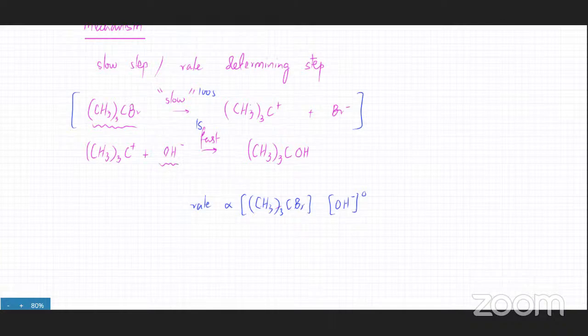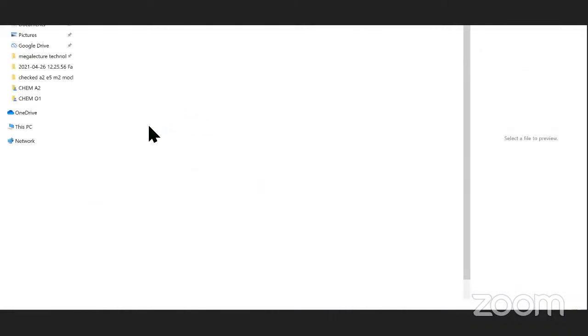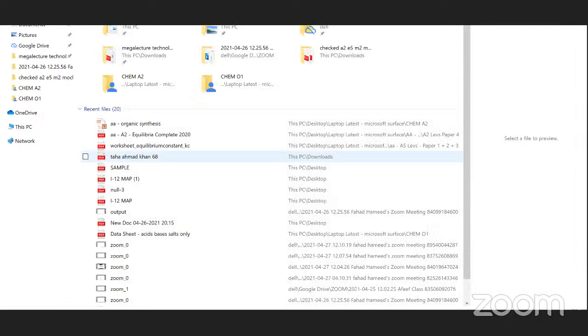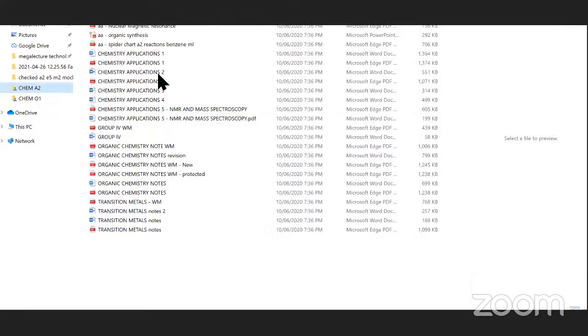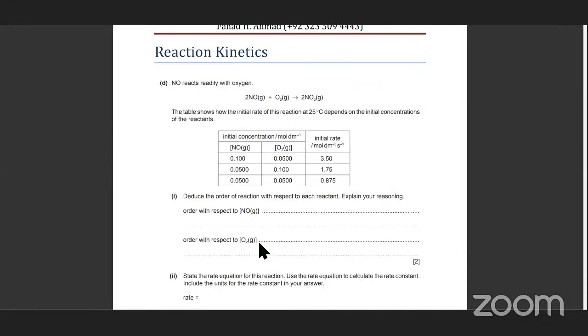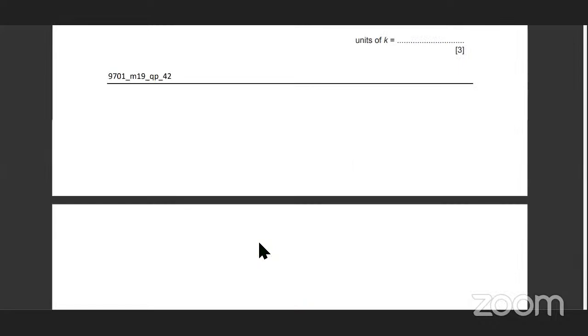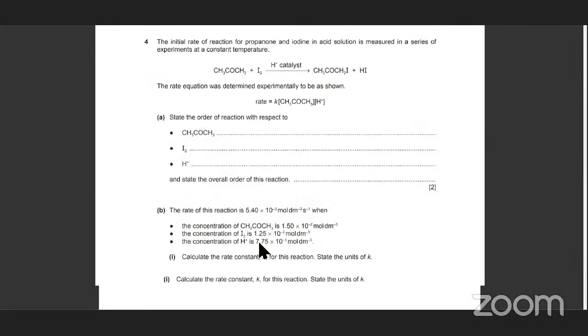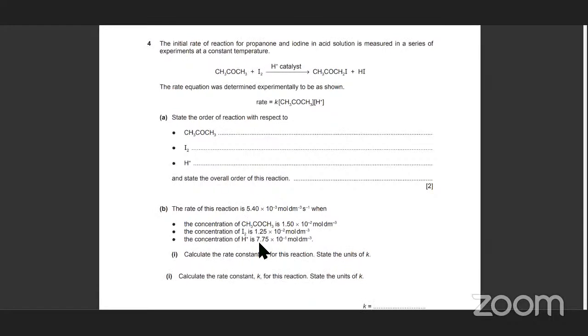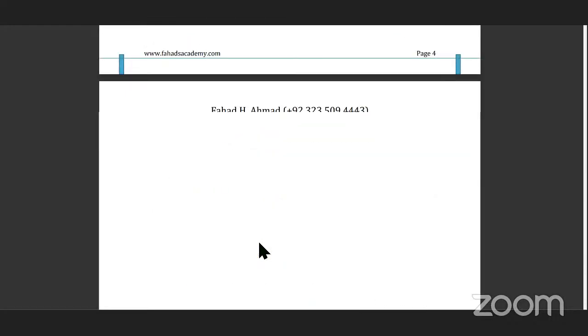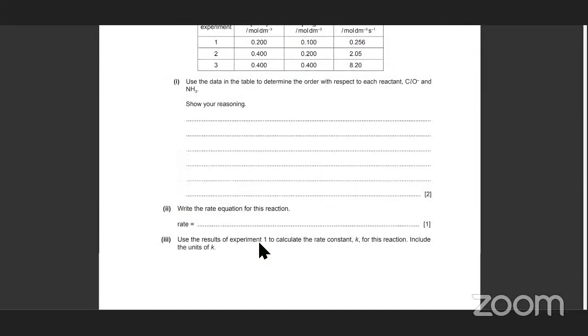We'll try and find the orders with respect to mechanisms. Let's do the mechanism questions first. Just a second. So let's do this one.